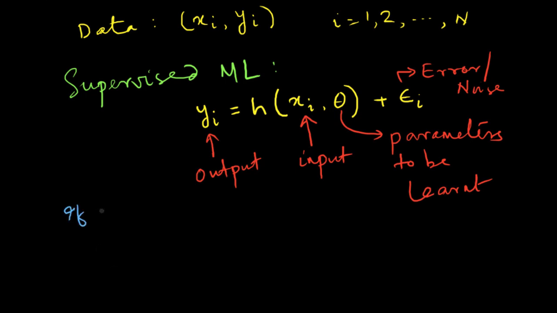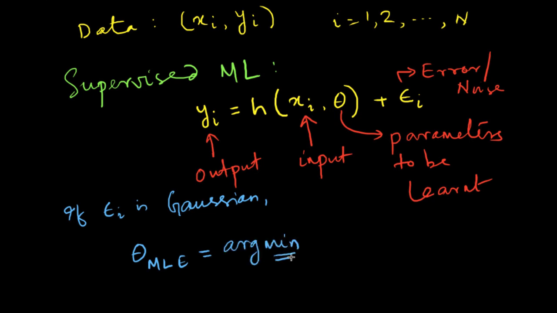So if epsilon i is Gaussian, then the MLE estimate of theta is given by arg min. Notice that we have a min and not a max, of the summation over i of (yi minus h of xi comma theta) whole squared.